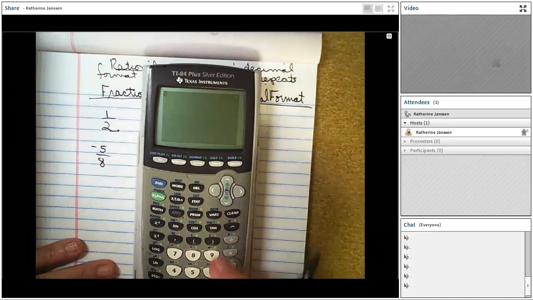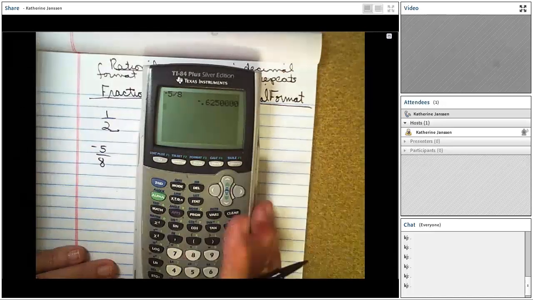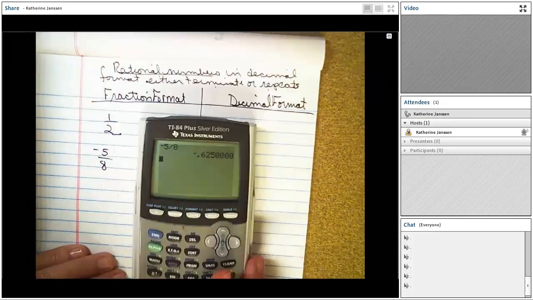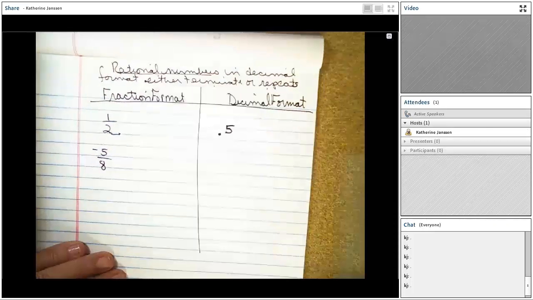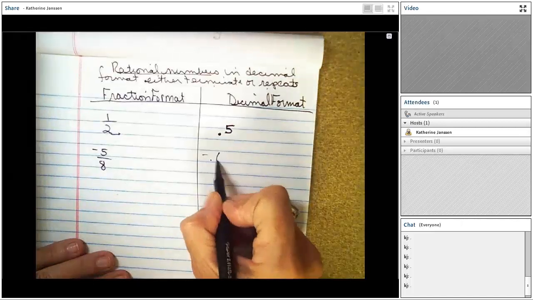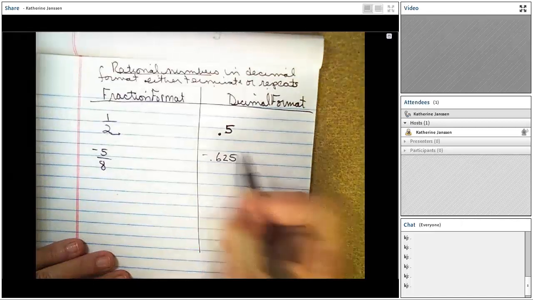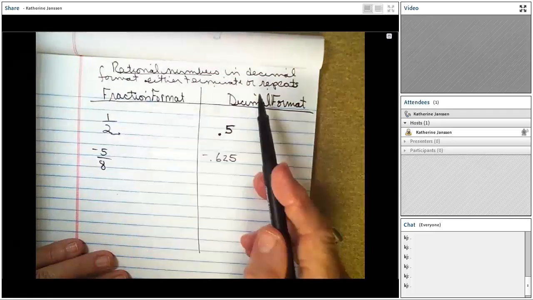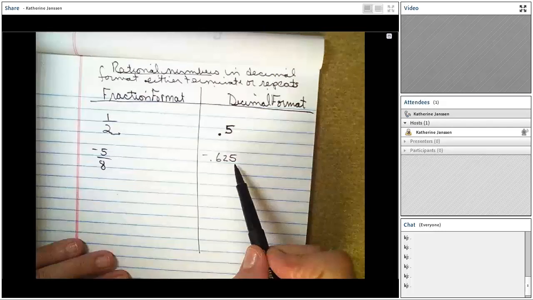I have -5 divided by 8. I get -0.625, and then it seems to be terminating. It's not continuing. So -0.625. So it is a rational number. -5/8 is a negative rational number because in its equivalent decimal format, it is terminating.